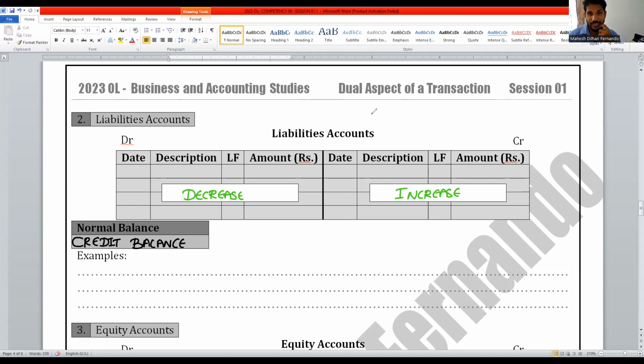Now the examples. Examples of liabilities: bank loan, a liability. Other loans. If I obtain a loan from your friend to your business, it's another loan. It's a liability. Then we have creditors.